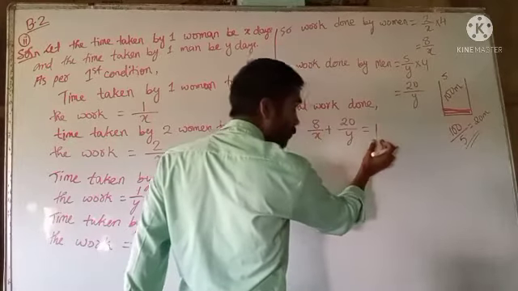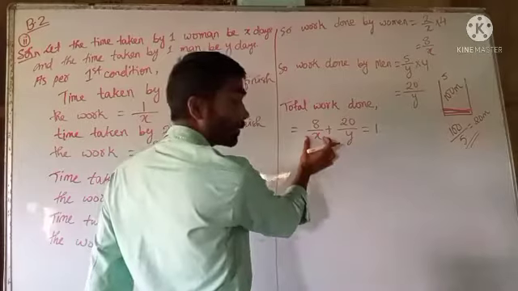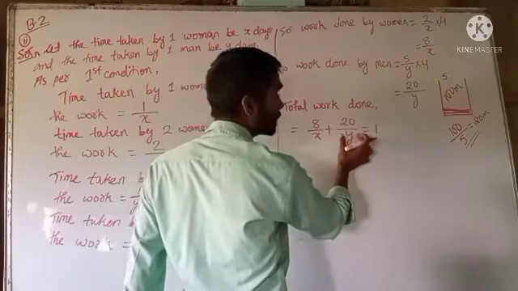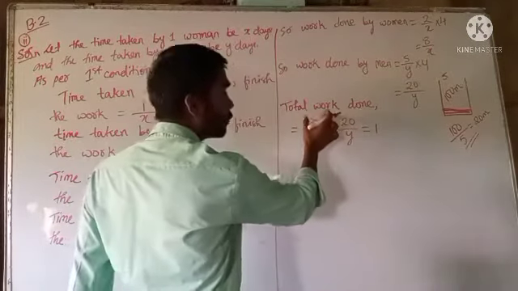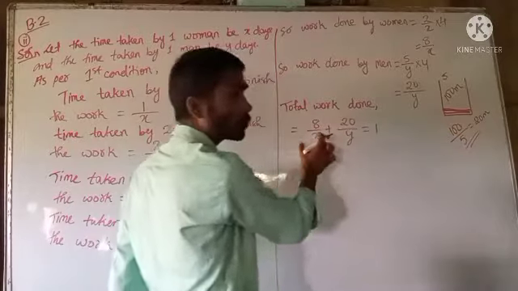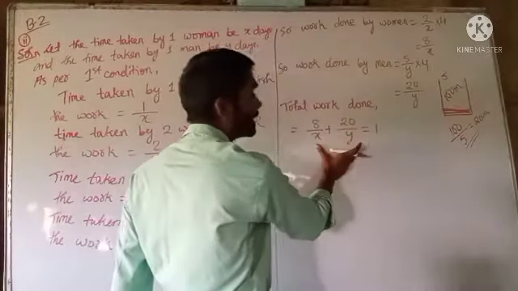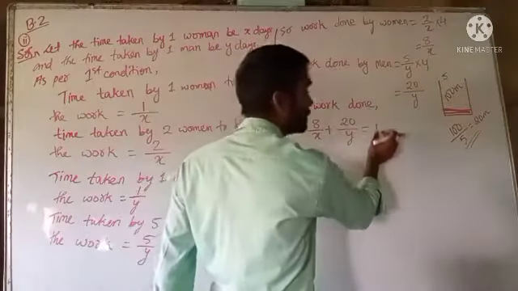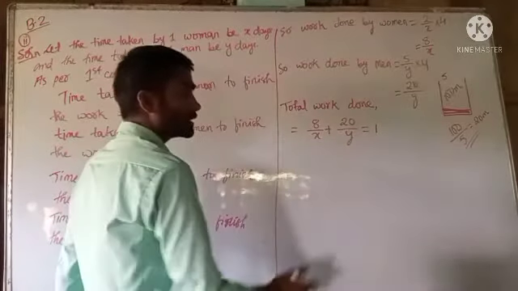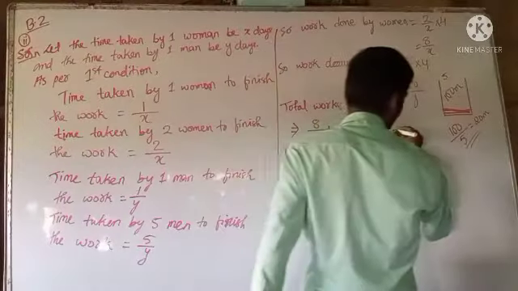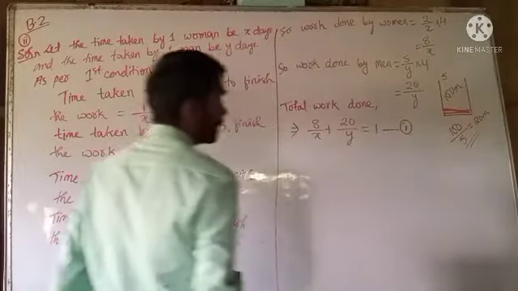That means they are finishing one embroidery work. This is the work done by women and this is the work done by men. That means women, they are doing 8 by x of the work and men, they are doing 20 by y of the work. If we add their works, they are completing one embroidery work. So this will give our first equation 1.